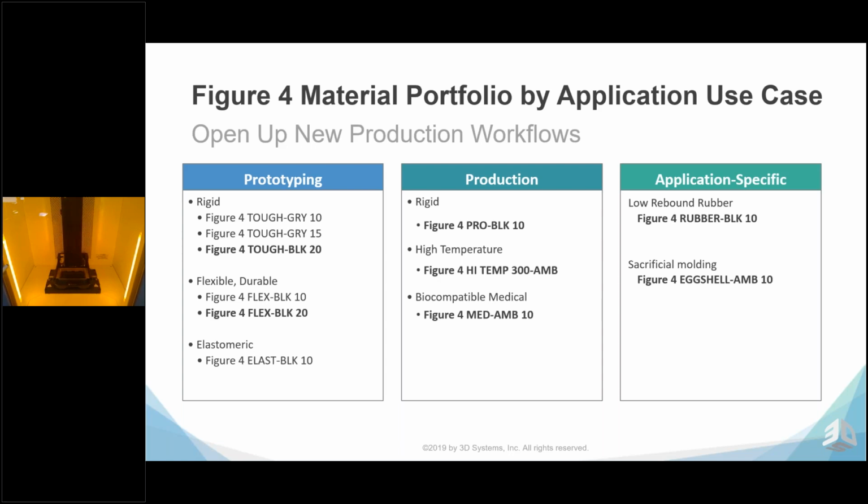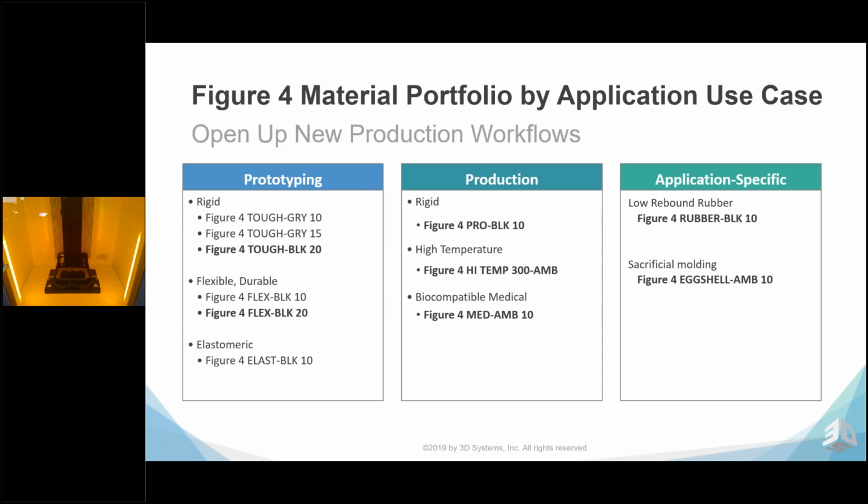As far as materials go, I think the materials are really what makes this technology work, and I'll tell you why in the next slide. But basically, this is the material lineup here. We have some prototyping materials, some production.